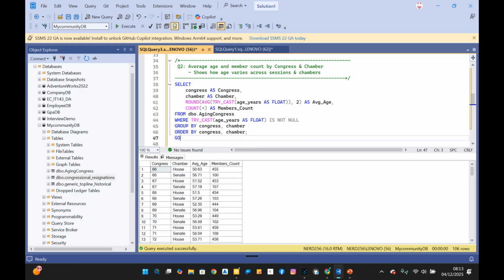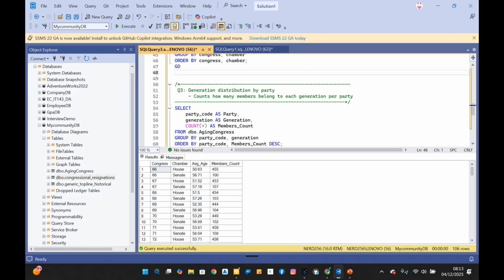When I run the query, like before, you see the Congress, chamber, age, then members count. When you go to chambers, we have two houses, the Senate and the House. So you realize how the ages vary from there.